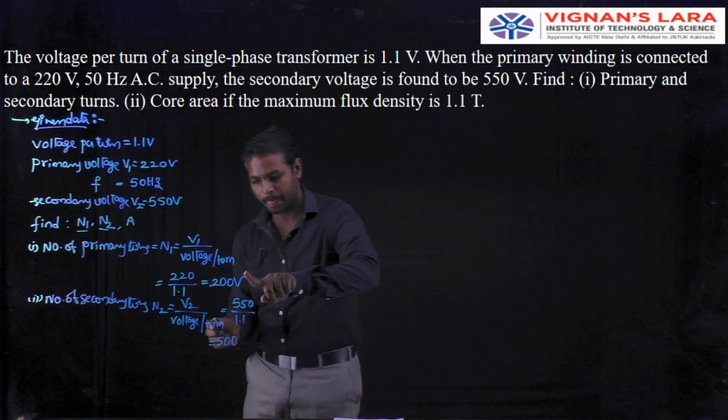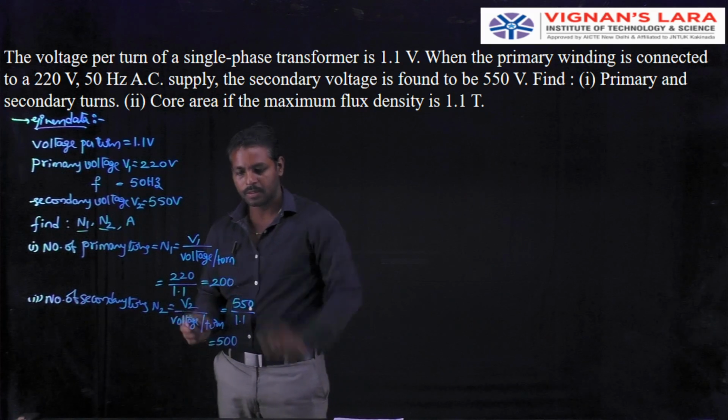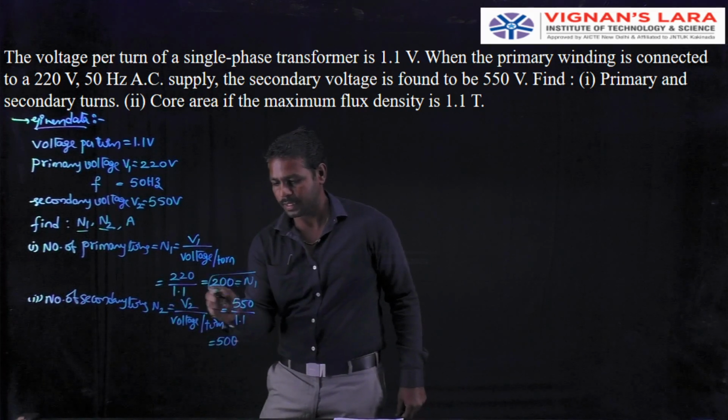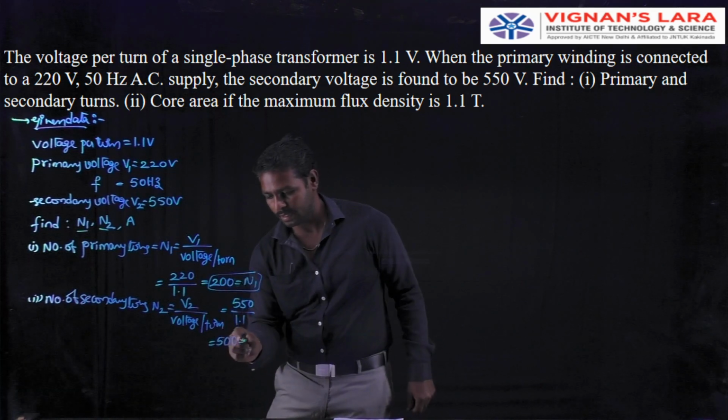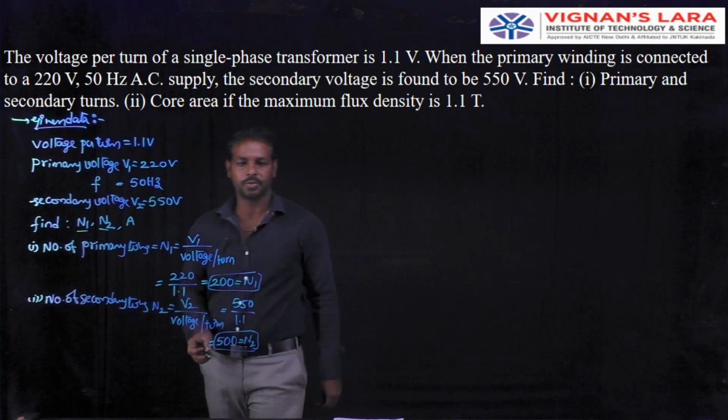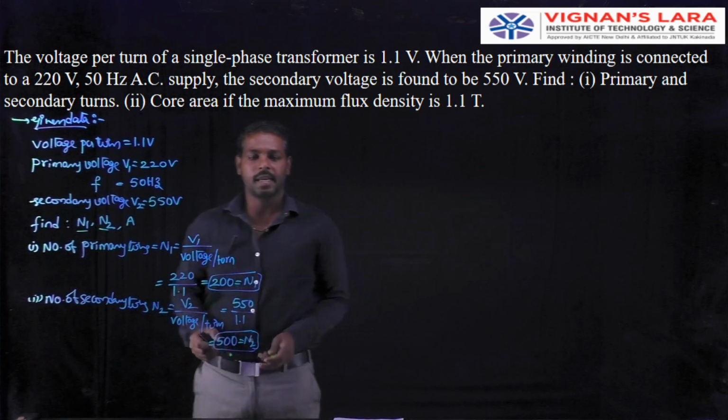So N1 is equal to 200 and N2 is equal to 500. So that gives N1 and N2. Another one, the second part, is the area of cross section.